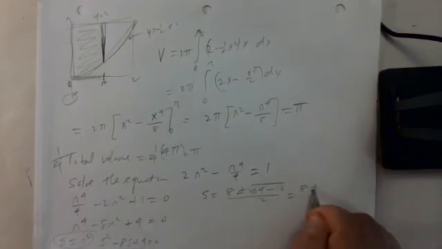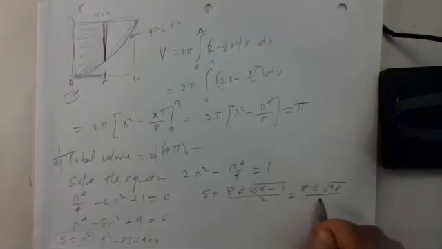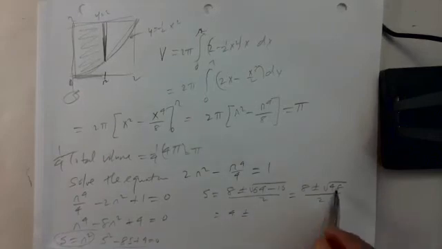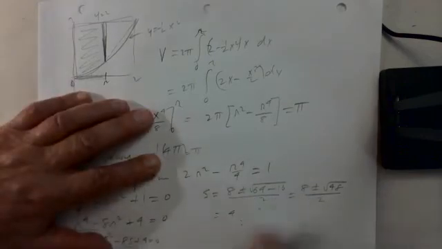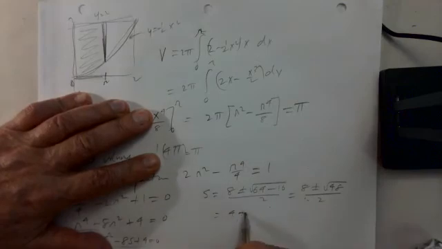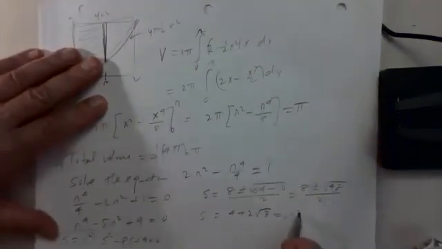This is 8 plus or minus the square root of 48, over 2. That's 4 plus or minus, if I take out a 4, the square root of 12, which is 3 times the square root of 4, which is 2 times the square root of 3. That's what s is, which is what r squared is.